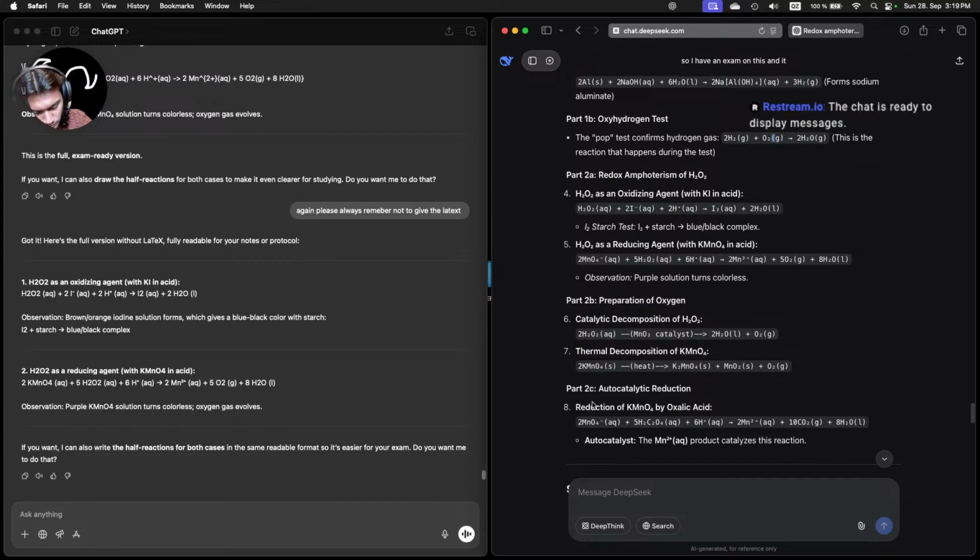Okay, now thermal decomposition of KMnO4 giving oxygen. KMnO4 under heat gives K2MnO4 plus MnO2 plus O2 gas.